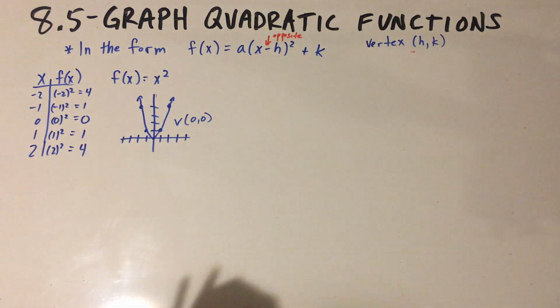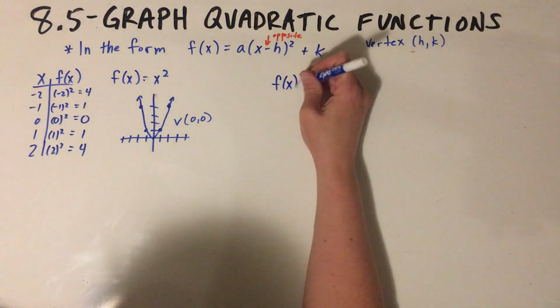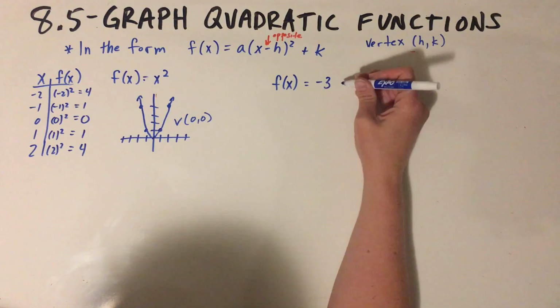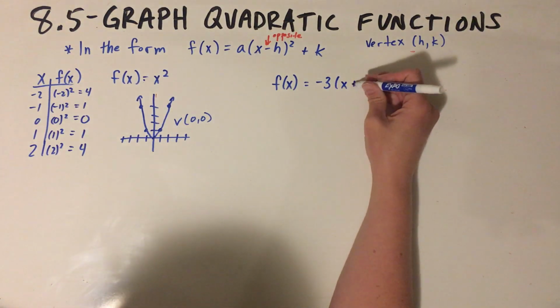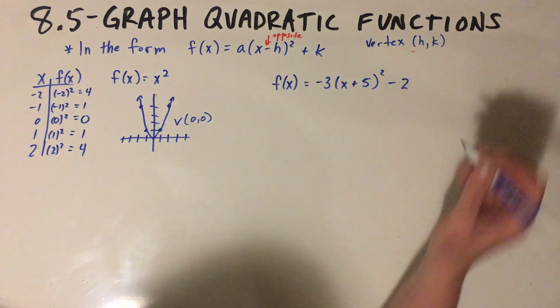All right, so let's graph the function negative 3 times (x plus 5) squared minus 2.